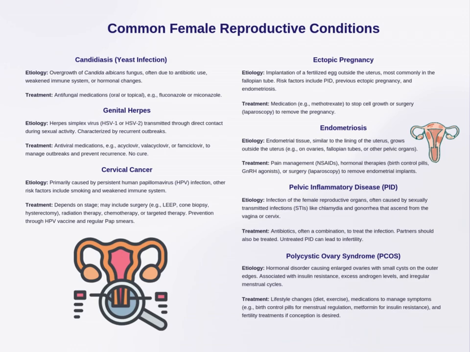Ectopic pregnancy. That's implantation of the fertilized egg outside of the uterus. Again, we talked about how it should be implanted in the lining or the endometrium of the uterus. That is where implantation should occur after fertilization in the fallopian tube. We do not want the egg to be implanted into the fallopian tube. That is dangerous.